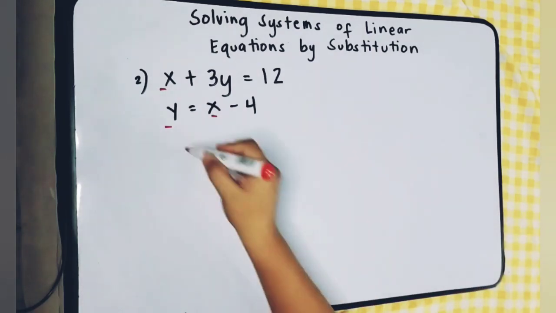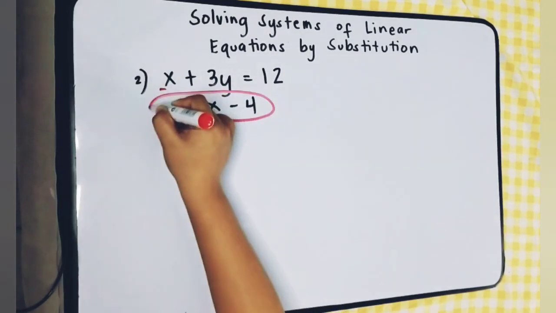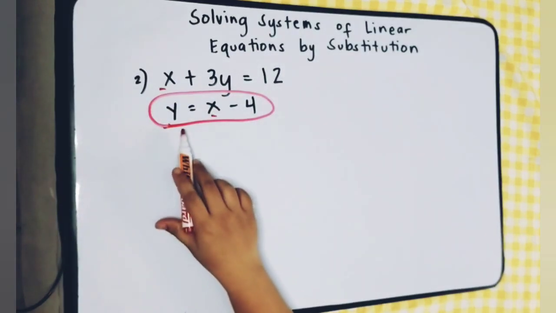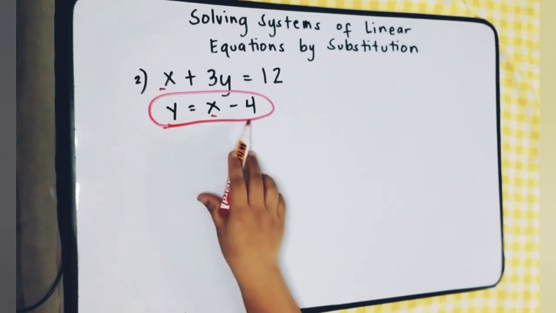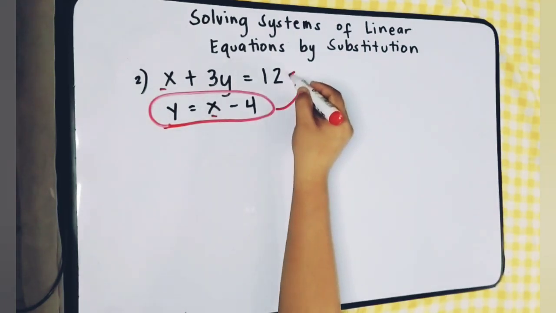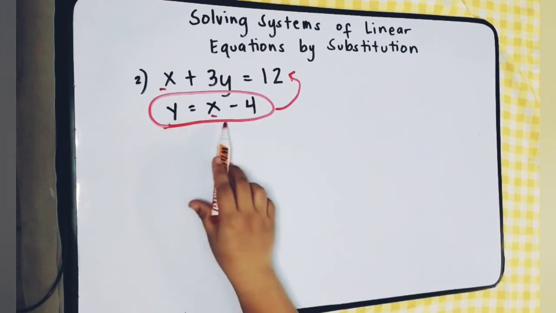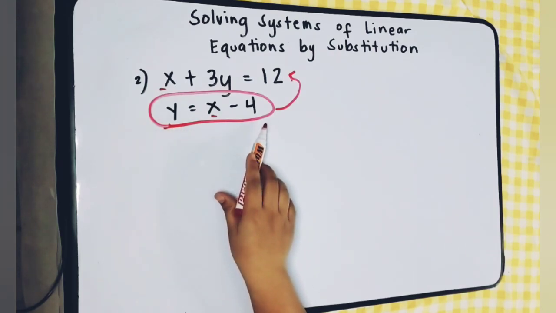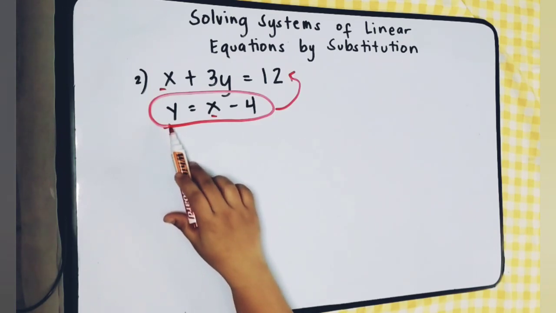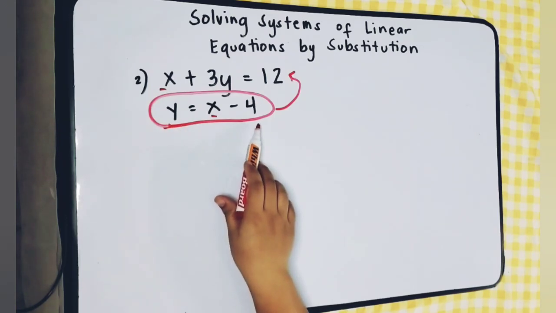So therefore, since okay na si second equation, all we need to do is to substitute x minus 4 dito sa first equation. Okay? Substitute natin si y kasi y is equal to x minus 4. Ibig sabihin, di ba, pwede na natin kagad palitan si y ng x minus 4.